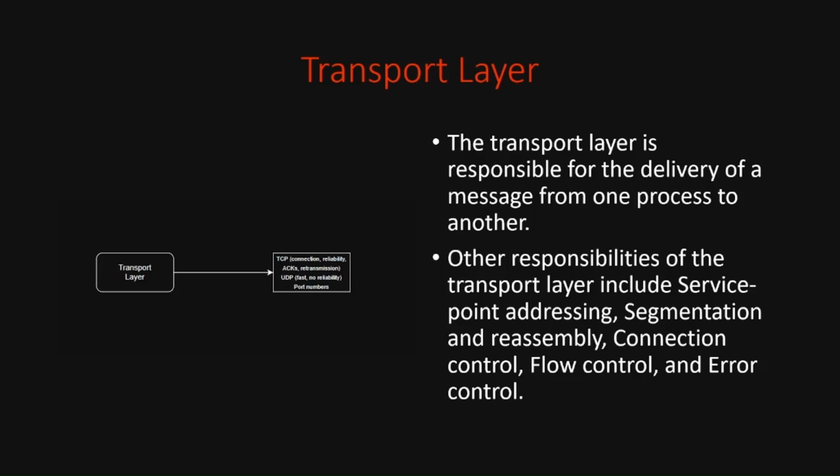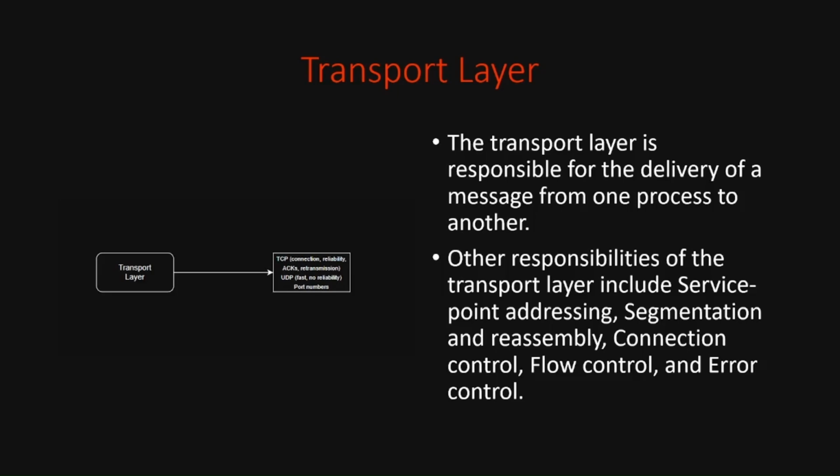Even if data crosses 10 links, 20 routers, or multiple networks, the transport layer ensures the entire message arrives correctly, in order, and without overwhelming the receiver. So while the data link layer protects each step, the transport layer protects the entire journey. This layer is like a reliable courier service, ensuring your message arrives safely, completely, and directly to the right program waiting on the other end.